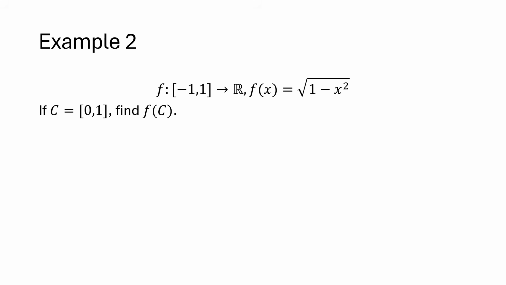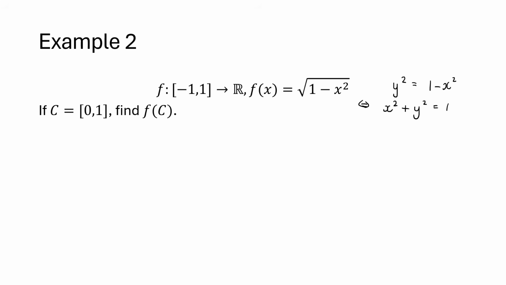So again, let's do a quick sketch of our graph. If we take the equation and square both sides, we get y squared is equal to 1 minus x squared. This is true if and only if we take the x squared over to the left, and we get x squared plus y squared is equal to 1.